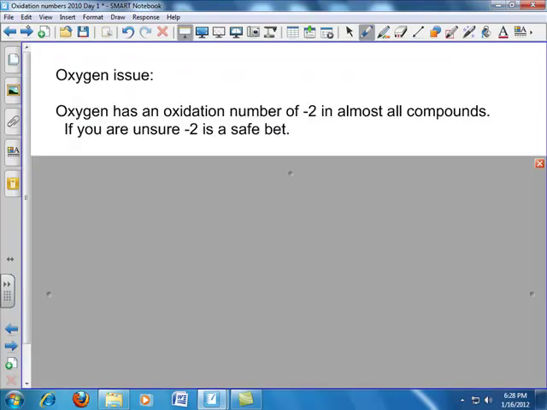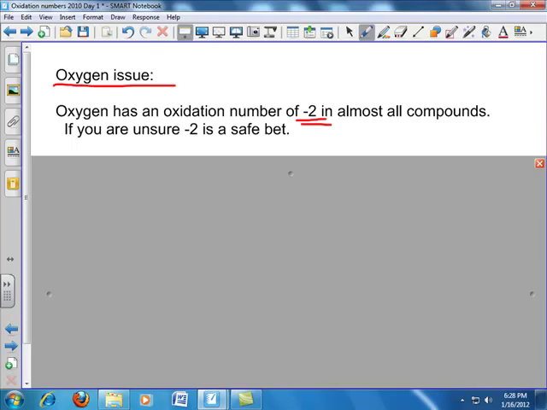I've already said that I would come back to this, but the first thing we're going to talk about is oxygen. Oxygen always has an oxidation number of -2. In almost every single compound you come across, it will be a -2. If you're not sure, then -2 is a good safe bet. Knowing that oxygen is a -2 will help you find the charge of other elements.